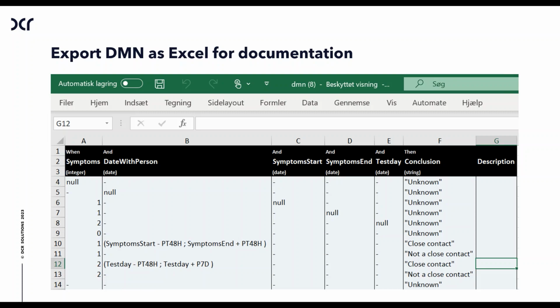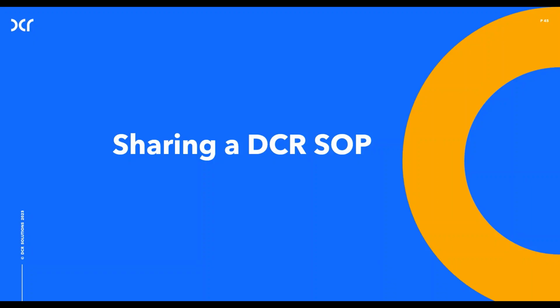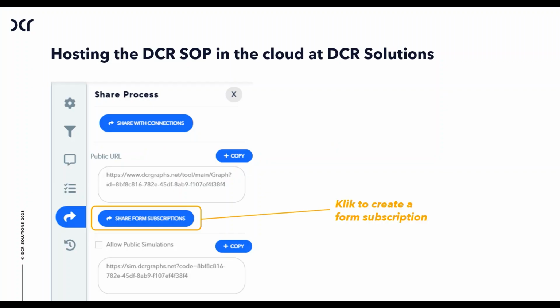A DCR SOP can easily be shared through a convenient feature called a form subscription. DCR Solutions offers a cloud service that allows hosting of these forms. When a form subscription is created, it generates a sharing key which can be used to securely share the DCR SOP with the intended users.